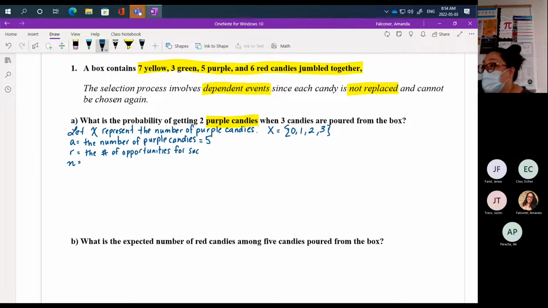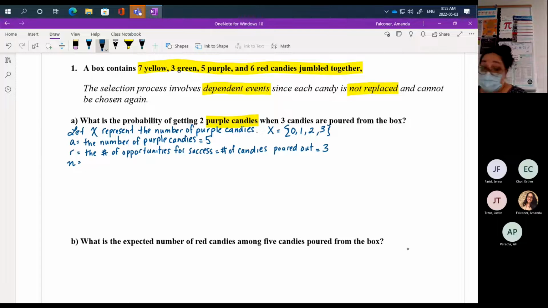And we talked about that in binomial distribution as well, but back then it was N. So number of opportunities for success is R here, and that's the number of candies poured from the box. Okay, and in this case, 3 candies are poured out, so R is going to be equal to 3.